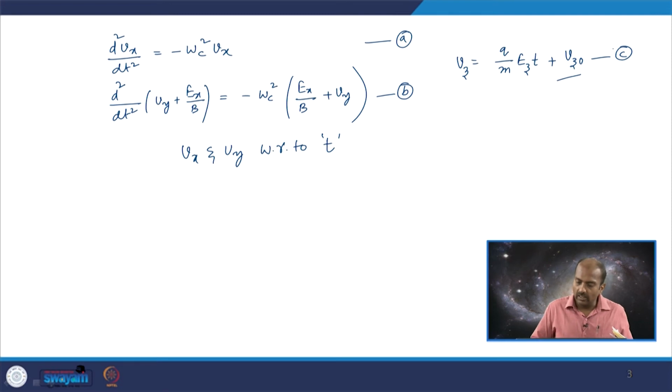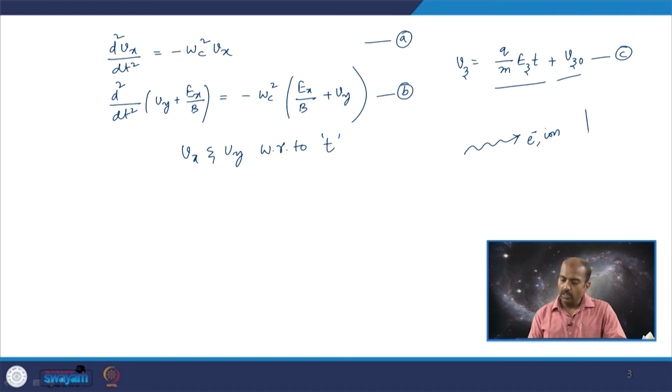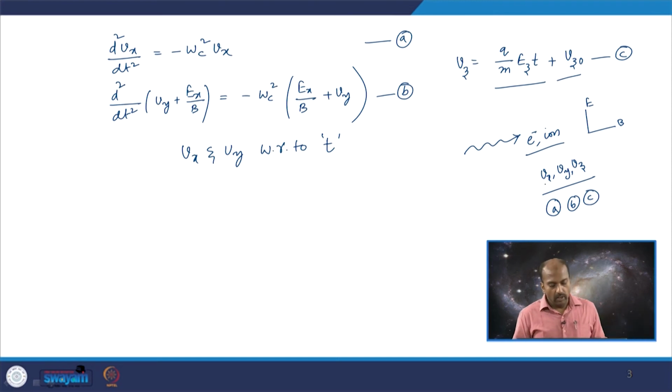Now, what they represent is that Vz is of course changing linearly with respect to time, and when a particle, let us say an electron or ion which is part of a plasma, experiences an E cross B field, that means when electric and magnetic fields simultaneously exist, the velocity Vx, Vy, Vz will behave as shown in equations A, B and C. So they are not just velocity components which are simply changing linearly with respect to time, but they mean more than that.